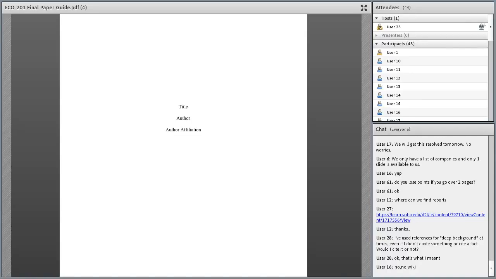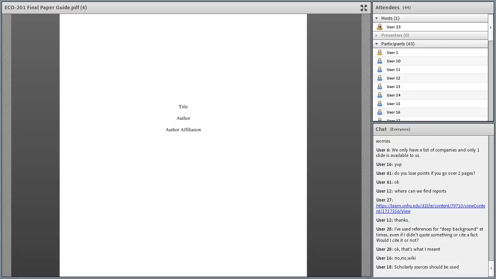No wiki. Wikipedia mostly has correct content, but it's not considered a suitable academic source. It's open source. Anybody can go in and change the content. It takes a bit of time for the editors of Wikipedia to go over it and make sure everything is correct. You can't rely on it 100% of the time. So you should use scholarly sources.